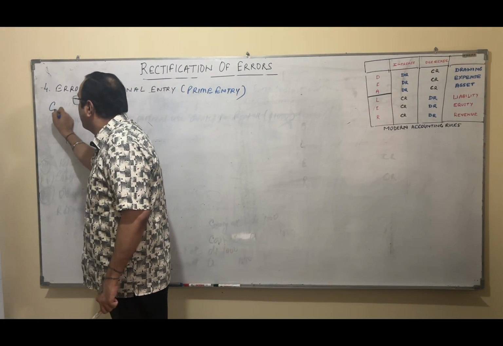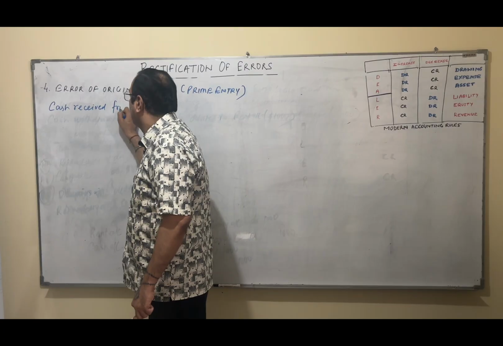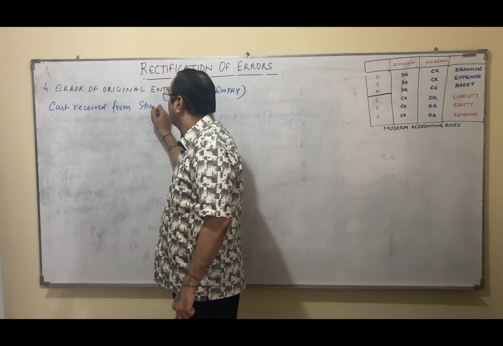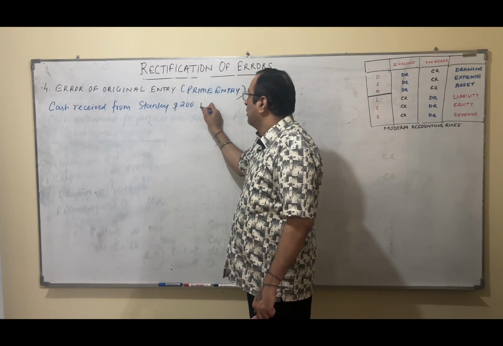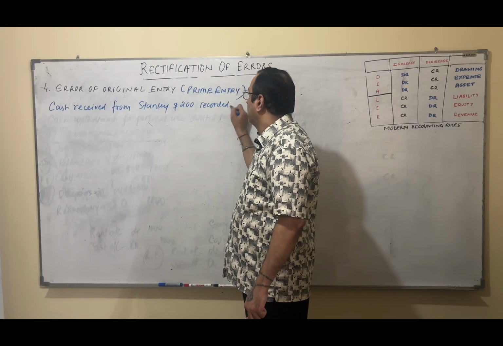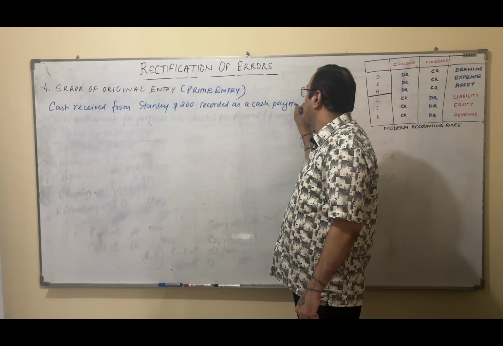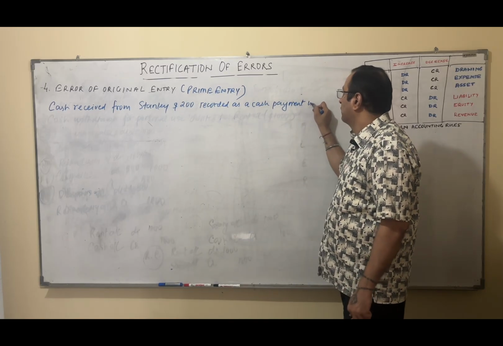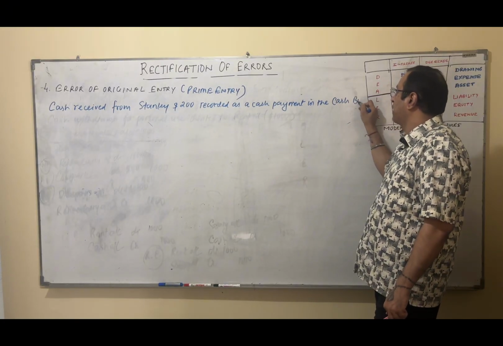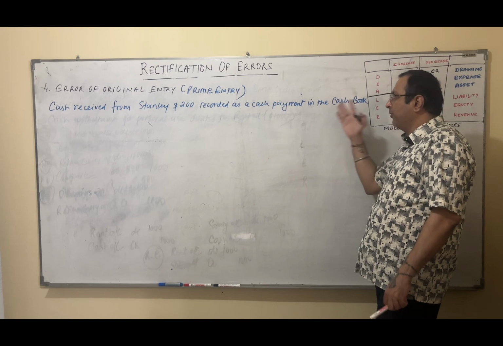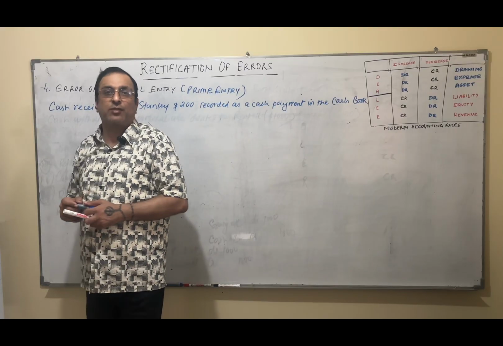Cash received from Stanley, say suppose $200, recorded as a cash payment in the cash book. See, the mistake we have done. We have received cash, but we have taken it as cash payment.